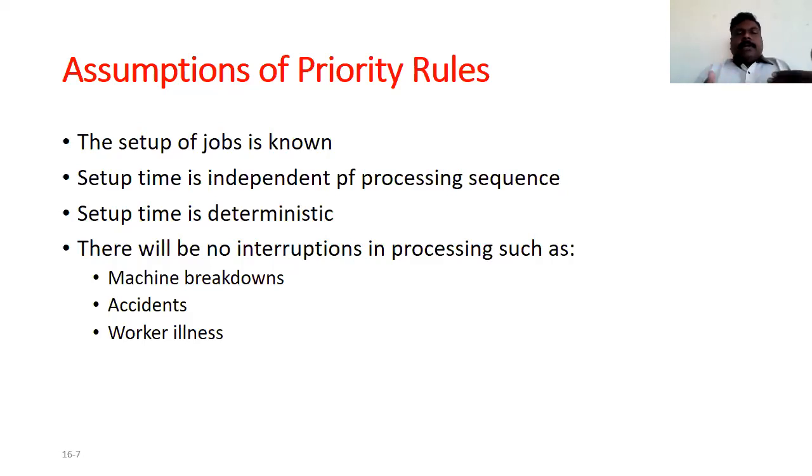So if there is no interruption in processing, we say that it will be 2 hours of exam. But normally, if anything happens, machine breakdowns or worker illness, there will be a delay in the time. So while taking the assumption, while estimating, while planning, we should not take these interruptions into processing time, means setting up a time.